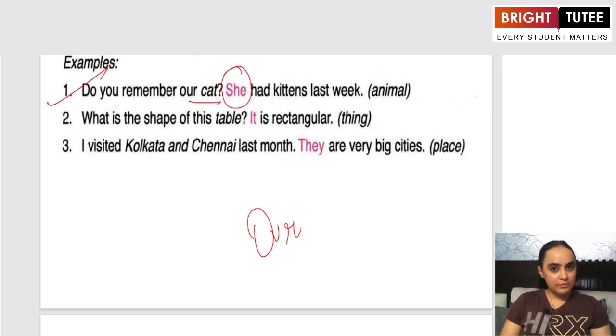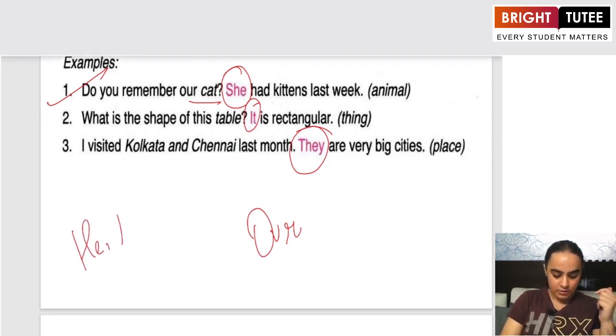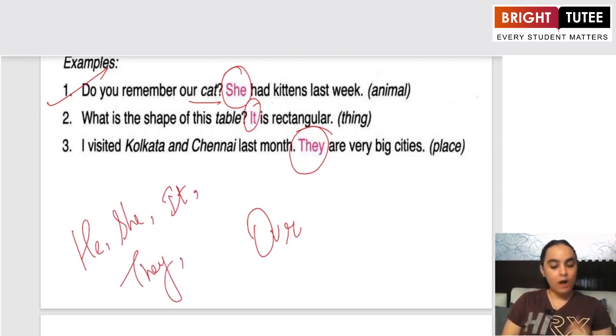Talking about the table, what pronoun am I going to use to replace the table? It. I visited Kolkata and Chennai last month. I'm talking about 2 cities now. It is plural, so as I said, he, she, it, they, we.